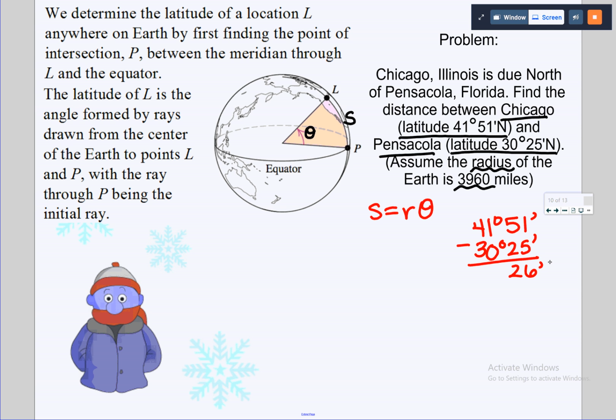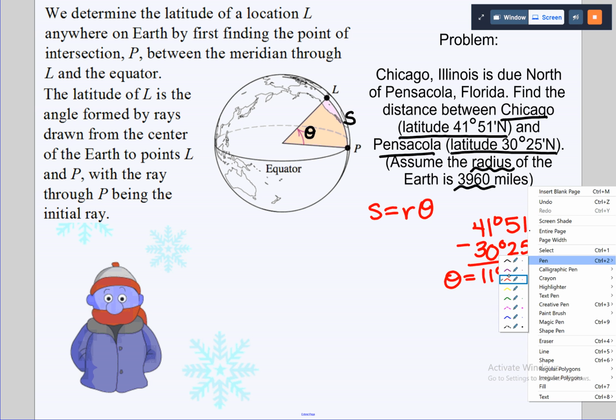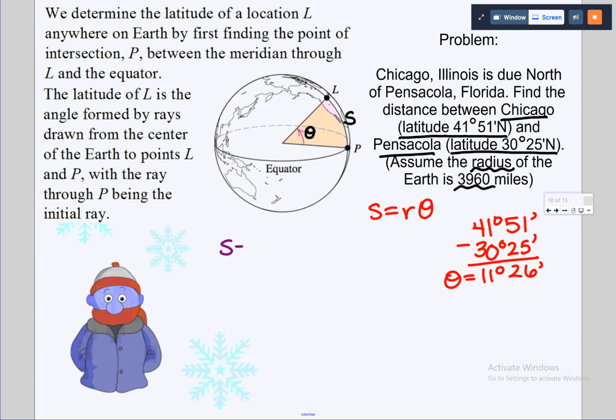And what's 41 degrees minus 30 degrees? 11 degrees. So that is my angle theta. The only problem with theta now is it's in degrees, not radians. So here's how we're going to put it in our formula. I'm going to use S equals, I'm going to put my r there, 3,960.